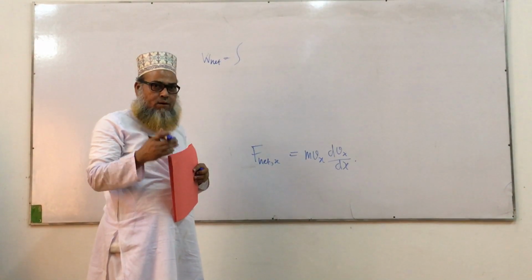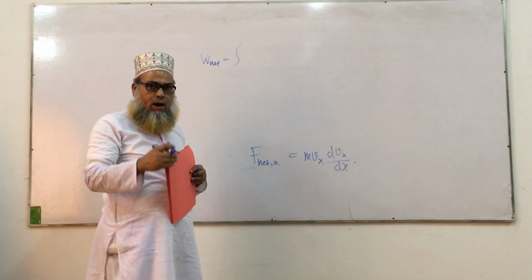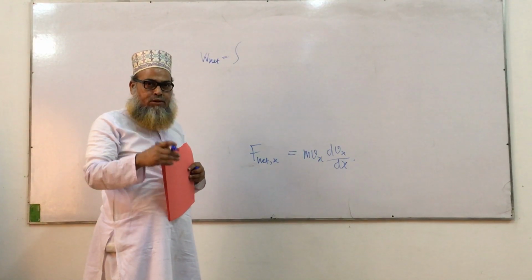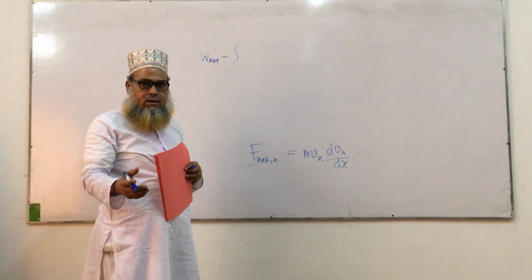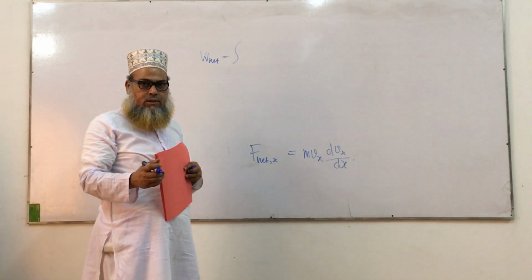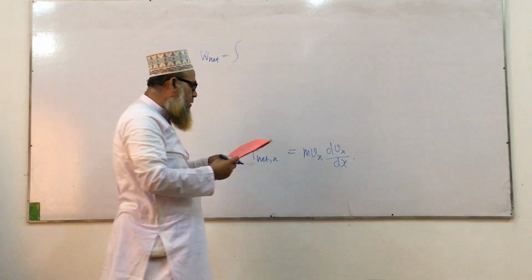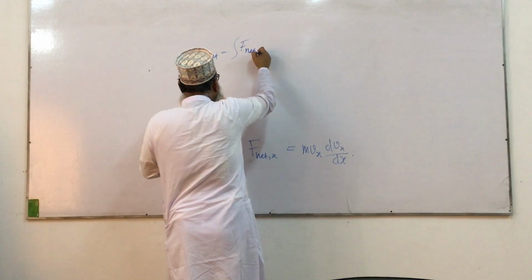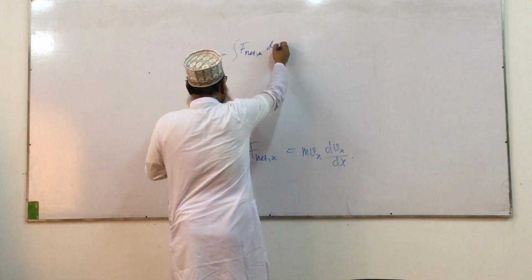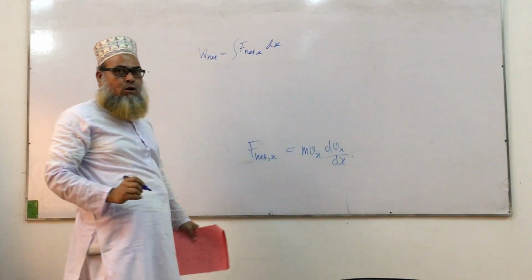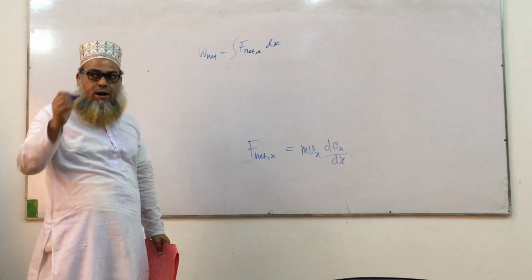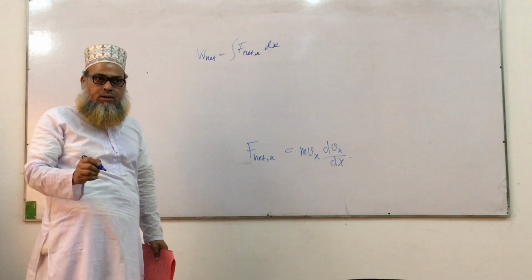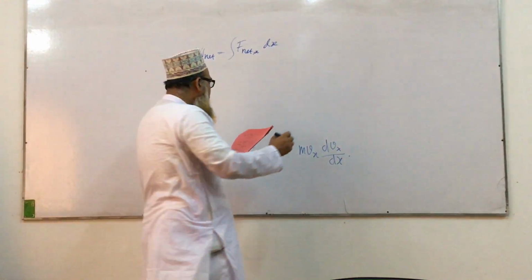You find the total work by integrating F multiplied by dx. So W net is the integral of F net x dx. This is the formula for the work done by a variable force.